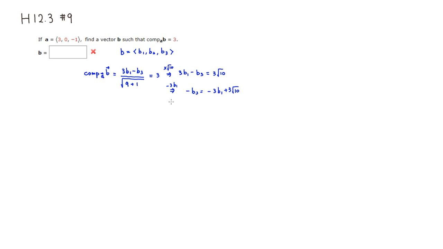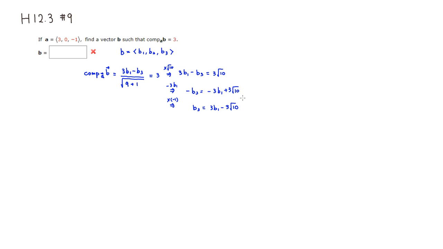Then I'm going to multiply by negative 1, so B3 is supposed to be 3B1 minus 3 square root of 10. Right, so we got that.